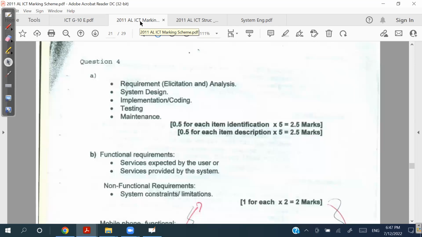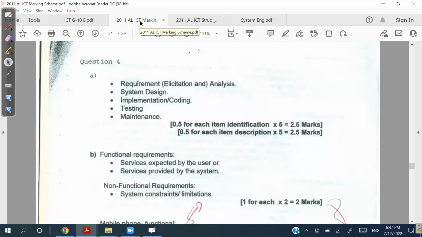And here the deployment part is missing. So the deployment of the system will happen, and a suitable deployment method out of direct, parallel, phase, and pilot will be chosen, and then deployed as instructed.